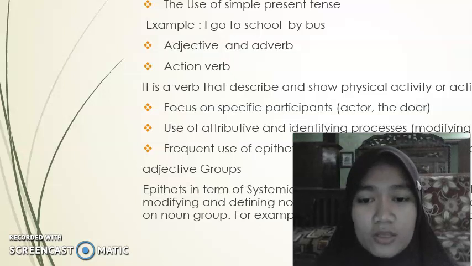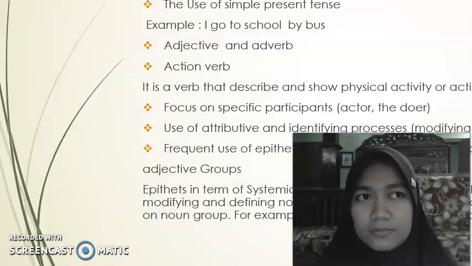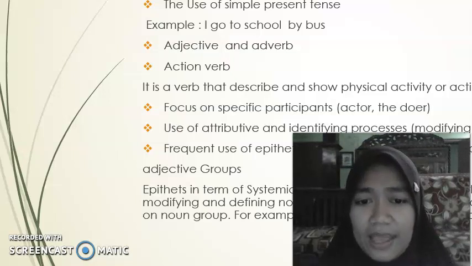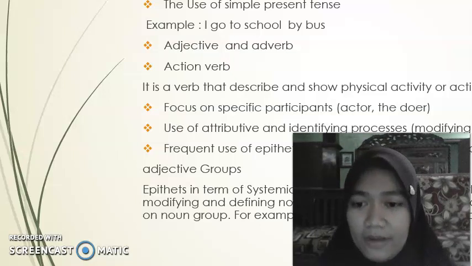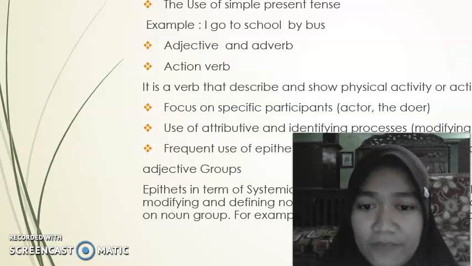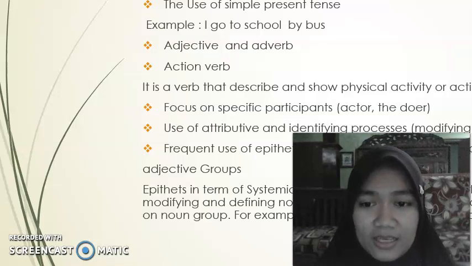And then focus on specific participant. The thing that takes part in or is included in the text, like actor, the door, or etc. Use of attributive and identifying process. This is modifying or characterizing an object.